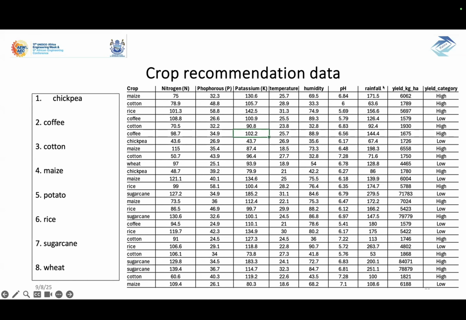These are the independent variables. We can also build machine learning that can predict for us the yield in kilograms, and that process is called a regression method because we are predicting numbers. But if you're predicting a category like high or low, it's a classification problem. So when you're doing the supervised method, you can do either classification or regression.